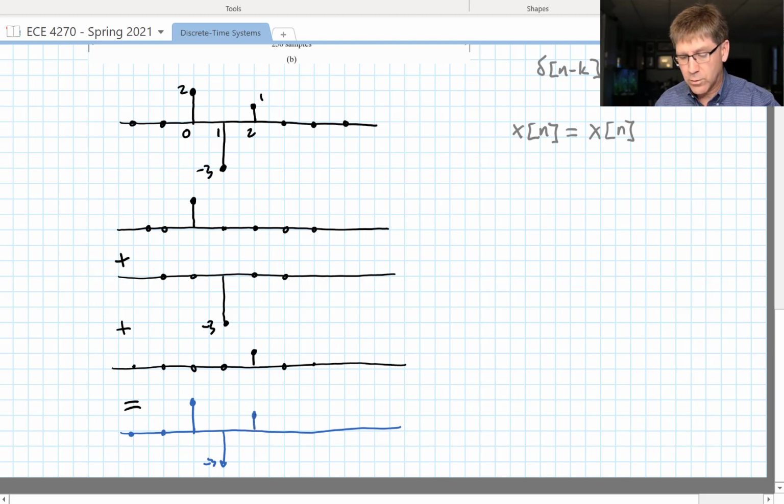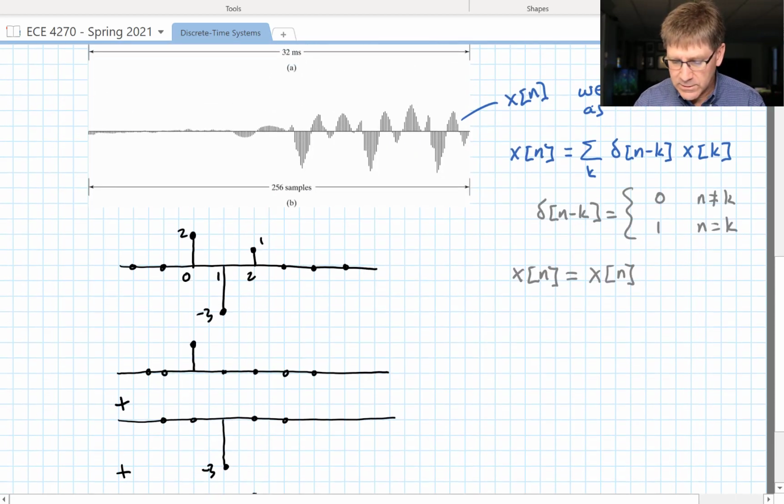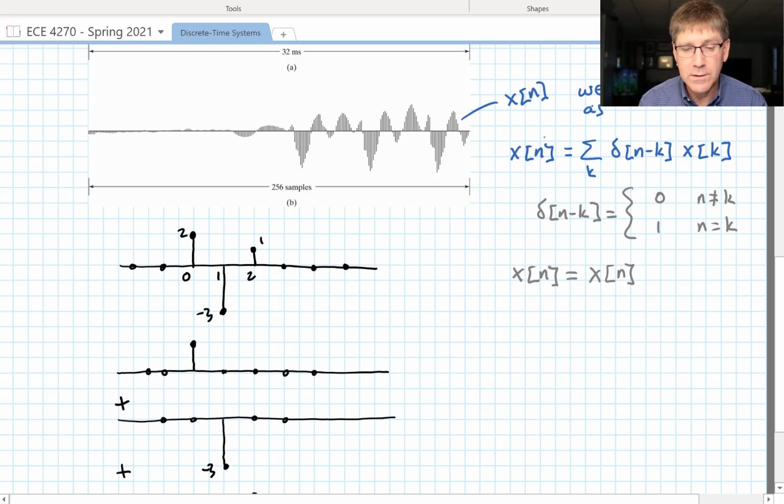So sure enough, what we've essentially done is we've said this sequence, or any sequence of samples, can be looked at as a sum of a whole lot of sequences. Each sequence is a single sample in and of itself. So in this particular case, this is delta of 0 times x of k, or x of 0.